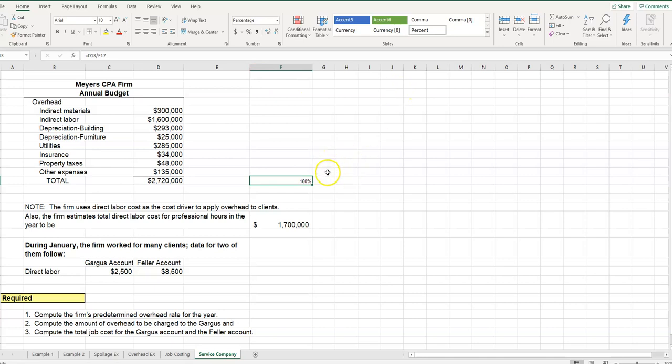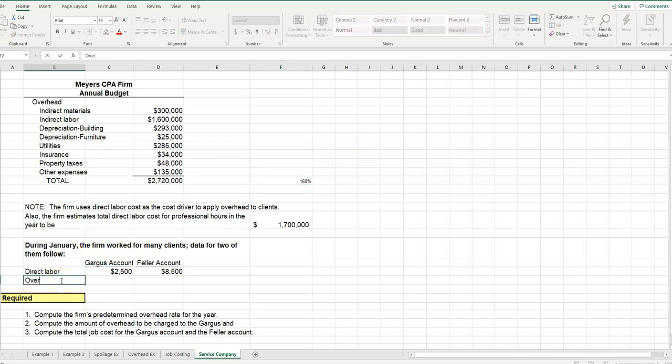or we have an allocation rate of 160%. The second thing that it asks us to do is allocate overhead to each of these jobs. So we take the amount of direct labor on that job times our 160% overhead allocation rate.